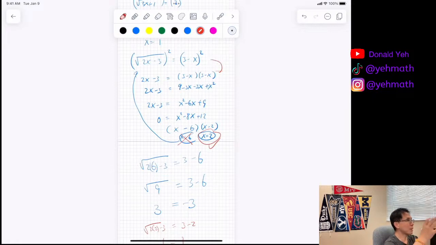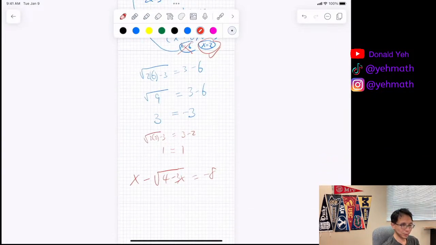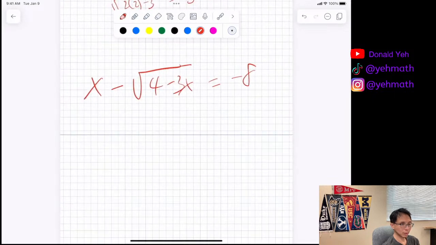Just write down x minus 2 times x minus 2. Don't worry about thinking about distributing that 2. That's bad. So sometimes it's just building a good habit. If you're building a habit, your math is always going to be right.